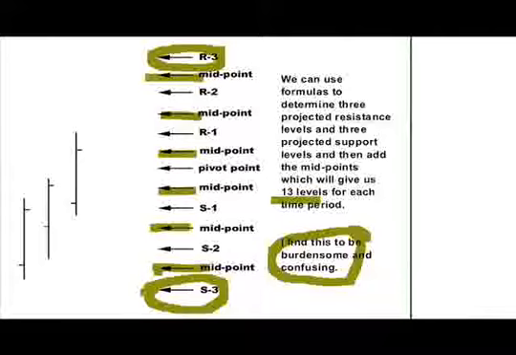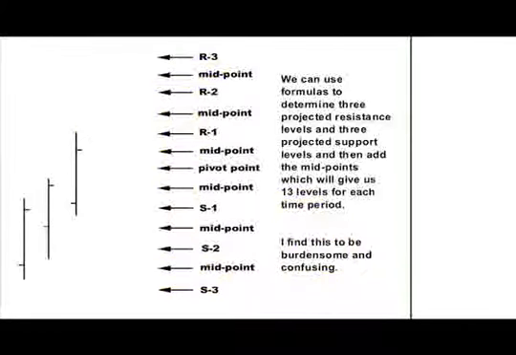Let's count them up: 1, 2, 3, 4, 5, 6, 7, 8, 9, 10, 11, 12, 13. That's 13 dailies, 13 weeklies, and 13 monthlies. Folks, can you imagine having all those lines on your screen? That's why I say burdensome. There's just no way it would be effective. I would not be an effective trader.